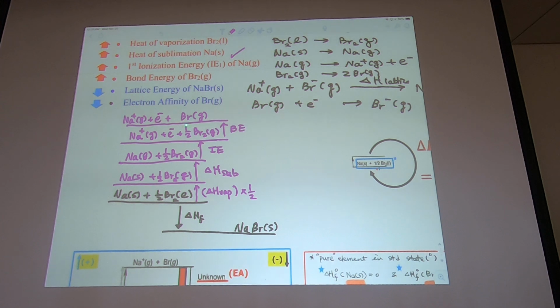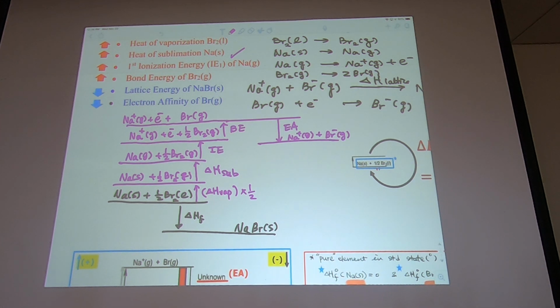By doing so, it goes from a high energy state to a lower energy state. So you are going to see your energy coming down, and this is the EA, electron affinity, which the direction shows. And the one that you see here is Na plus and bromine gas.